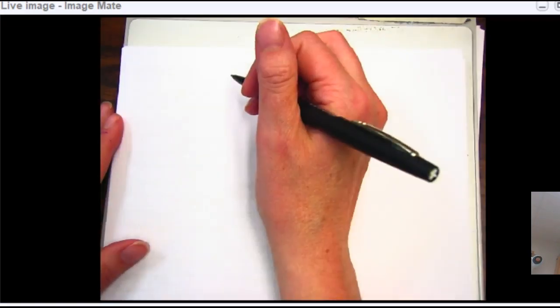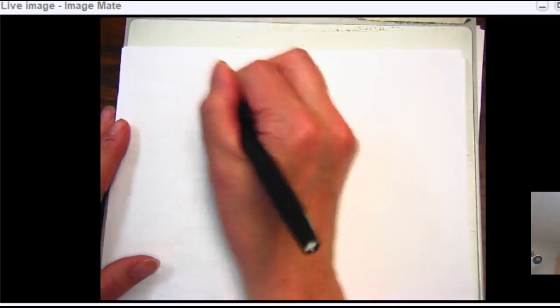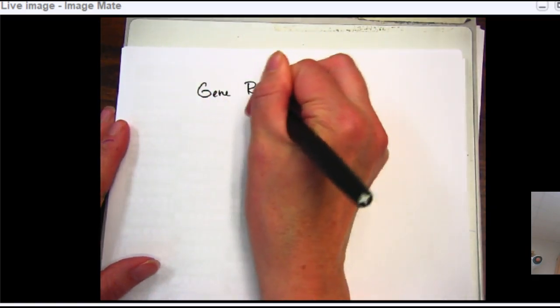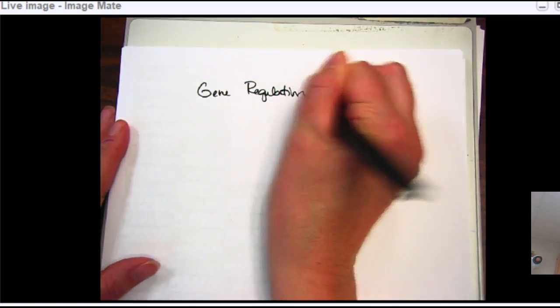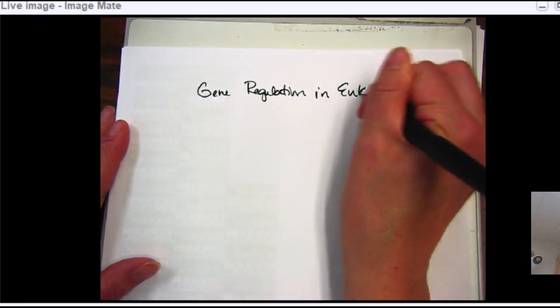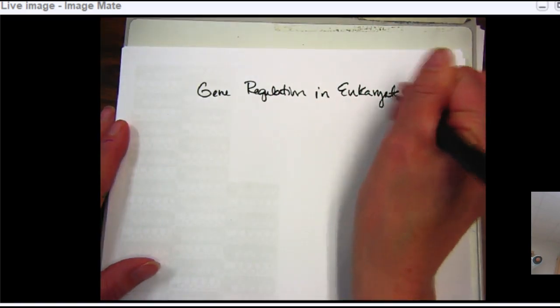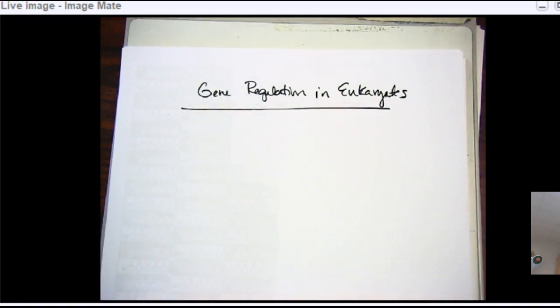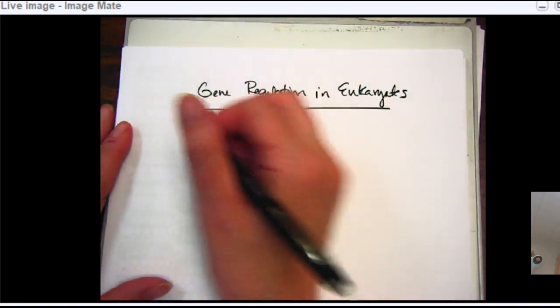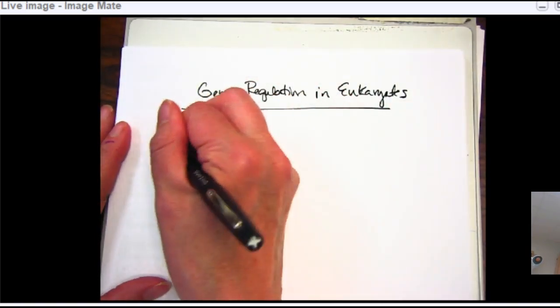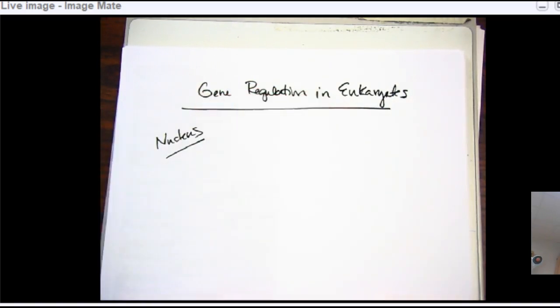Eukaryotes are a lot more complicated. So, gene regulation in eukaryotes. Okay, so let's look at the regulation that happens in just the nucleus to begin with.